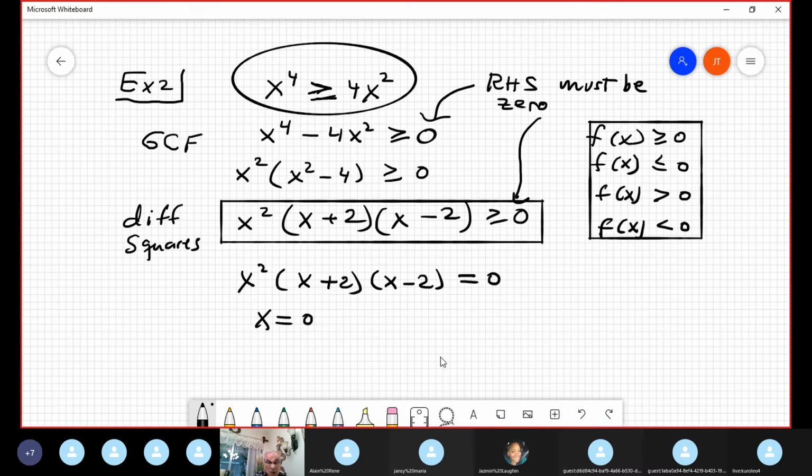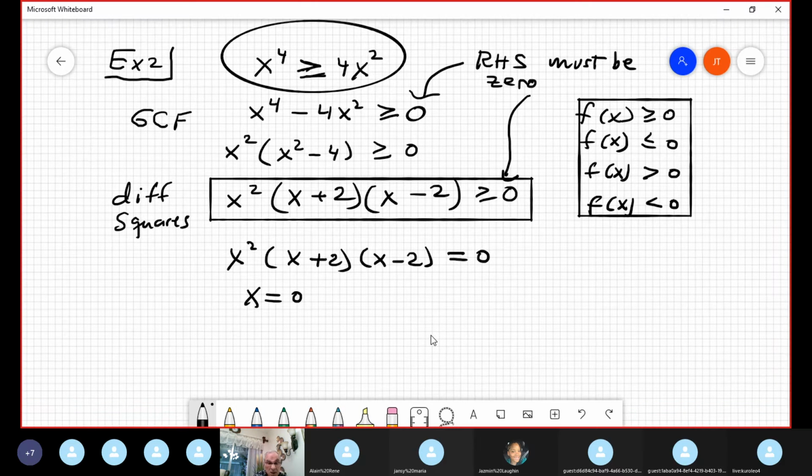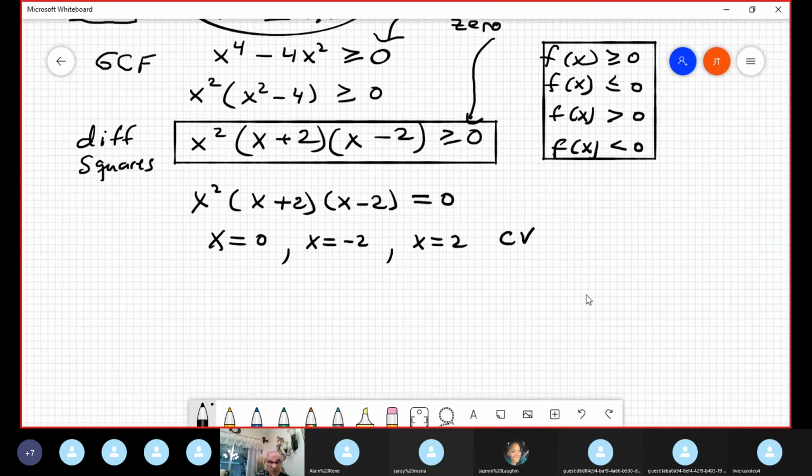It's a polynomial of degree 4, by the way, so we have 4 solutions. x equals 0 has multiplicity 2, but I don't care. Also multiplicity 1, negative 2, let me separate by comma, and positive 2. And these are my critical values. I use them to make a partition of the whole real number line.